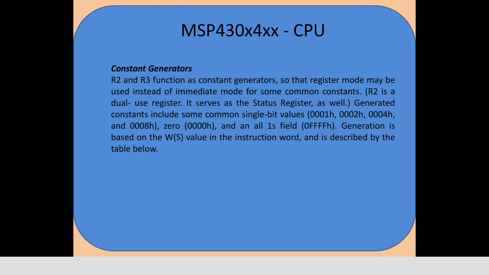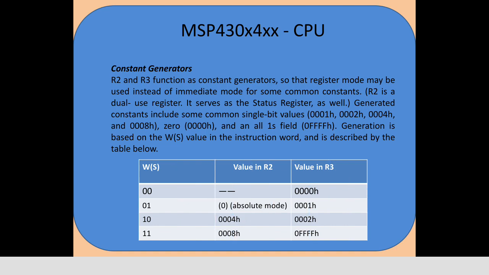And coming to the constant registers, R2 and R3 are the constant registers. Sometimes we use constant values repeatedly, and providing constant values from the external side takes more time. That's why the repeated constant values we can store in the constant registers.